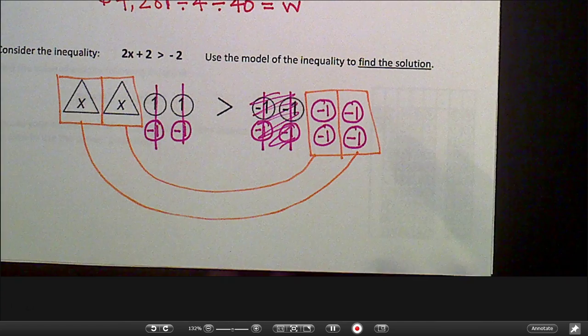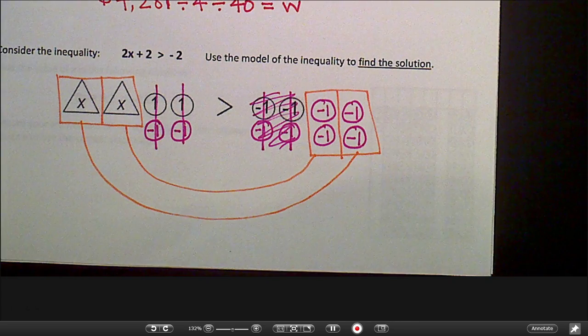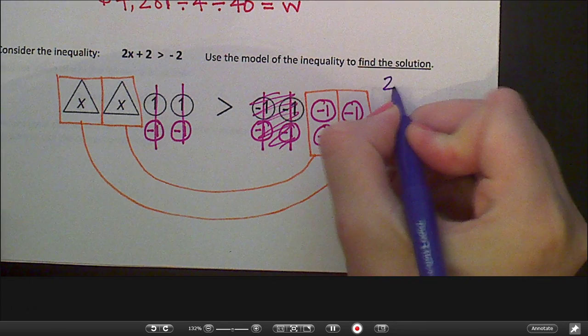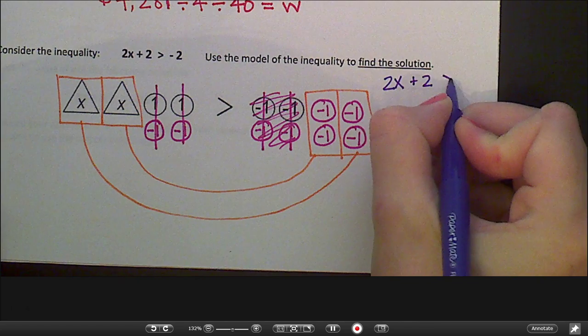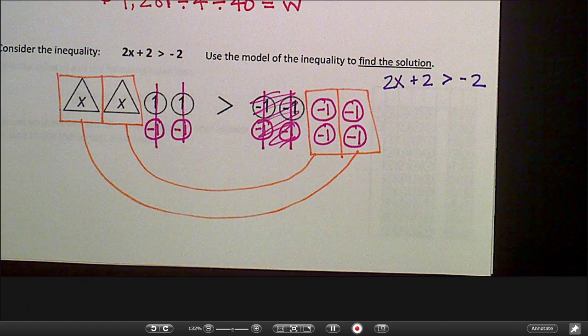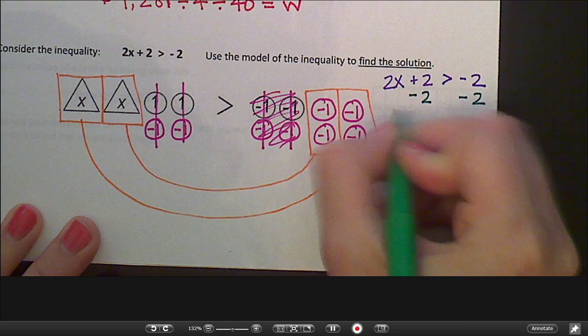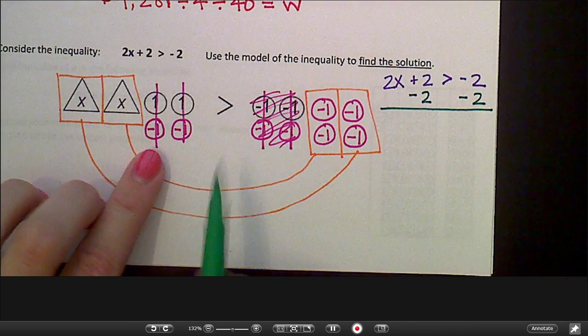Let's solve this algebraically to see if we get the same result. Hopefully we will. Otherwise, I made a mistake. Okay, so we have 2x plus 2 is greater than negative 2. Let's start by getting rid of our plus 2. We're going to subtract 2 from both sides. That's what we did here.